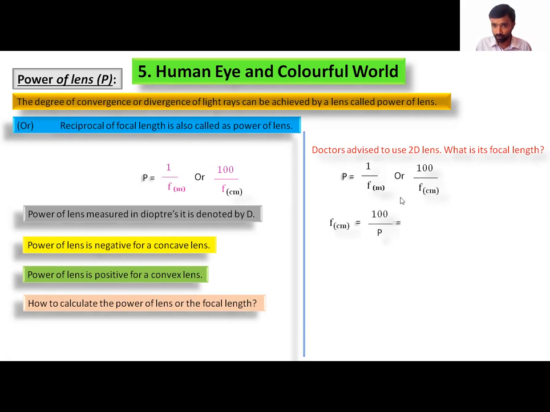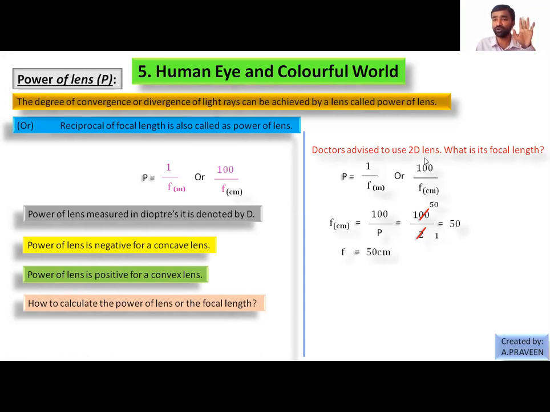P is given as 2D, so 100 by 2 gives you 50. So what is the focal length? 50 centimeters. So I got F equal to 50 centimeters.